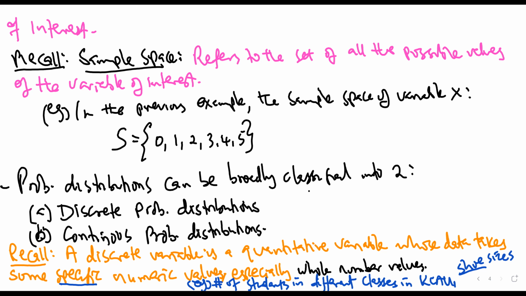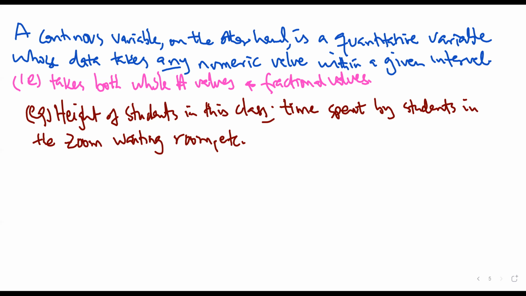That distinction will help us in understanding the difference between a discrete probability distribution and a continuous probability distribution. Examples of continuous variables are things like the height of students in a class, or maybe the time that you spend in the Zoom waiting room, and so on.